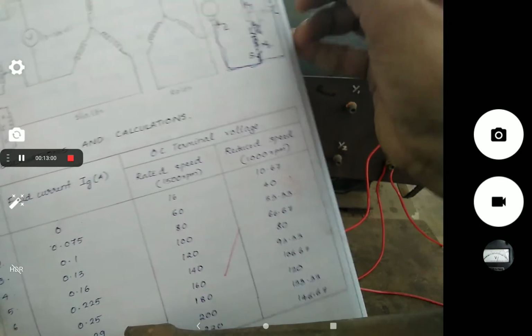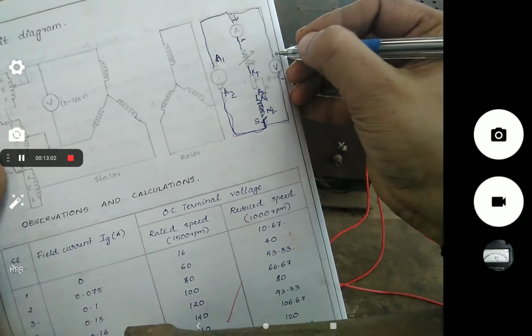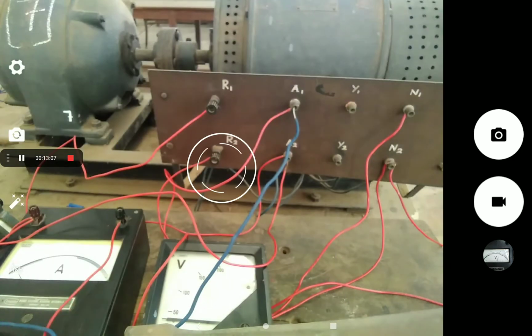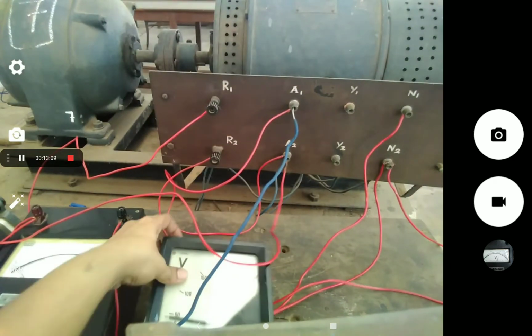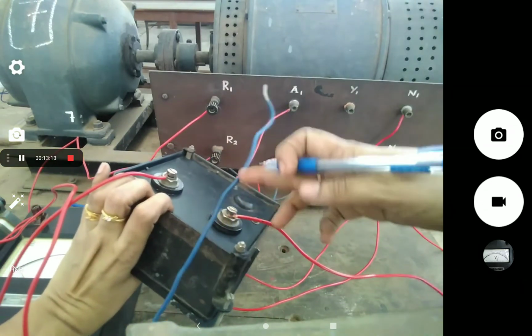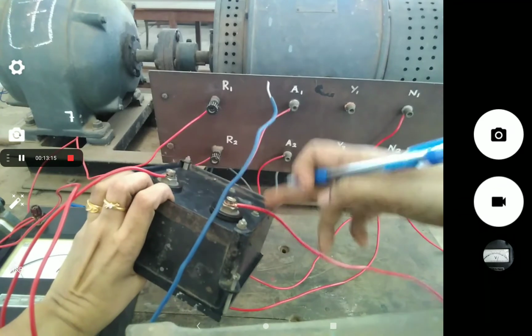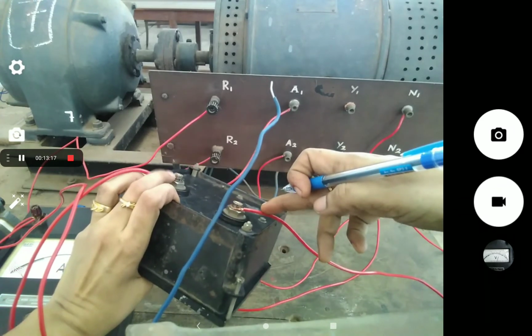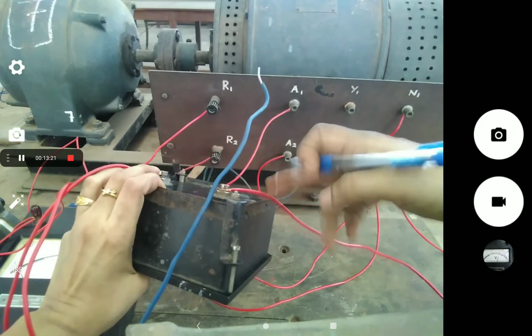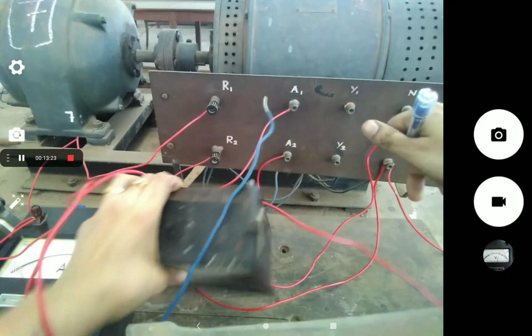This point is negative and this point is positive. Positive goes to the ammeter positive and negative to N2. Okay.